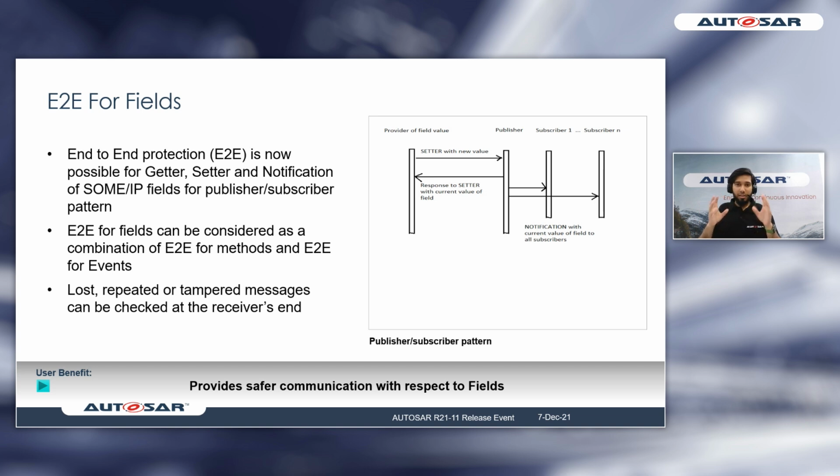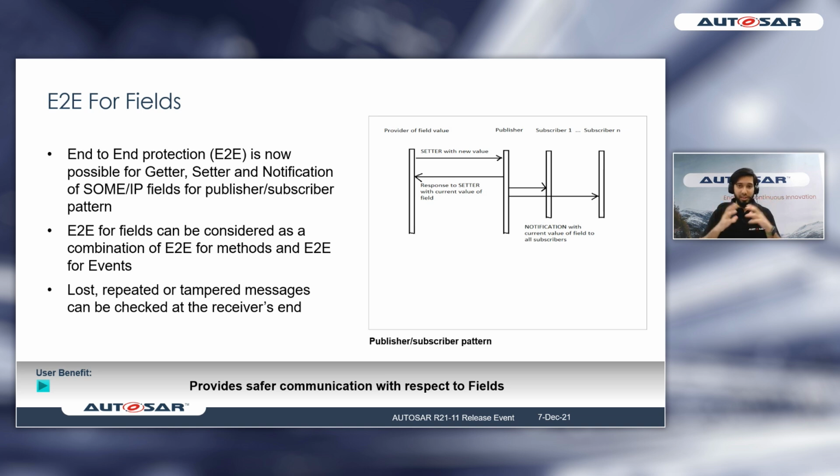This mechanism already exists in SOME/IP. The only issue was that it was not possible to protect it with the end-to-end from AutoSAR. This concept combined the scenarios of end-to-end for methods as well as end-to-end for events.